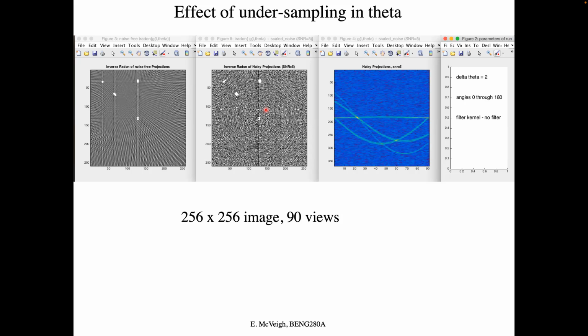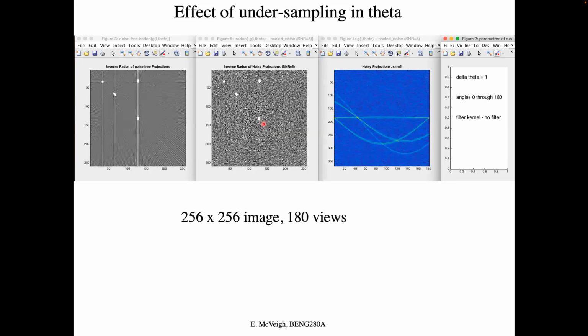Just from a common-sense way of looking at this, you can imagine that for a very small object in the center, perhaps 90 projections going through it are sufficient for the set of pixels that are really close to where all of those projections overlap. We'll take a look at a diagram to explain this.